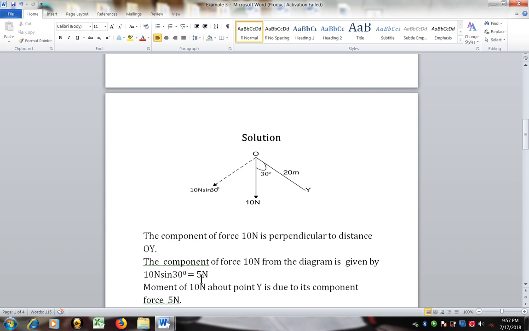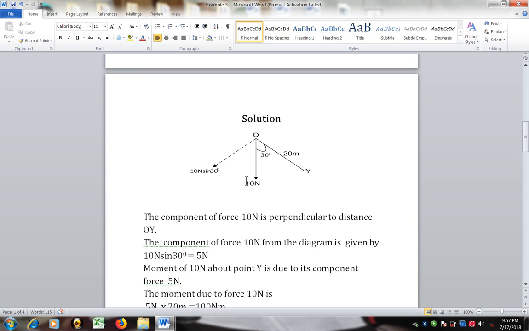So that gives us what? 5 Newton, sorry. So we now know that the component of 10 Newton along this direction, which is perpendicular to OY, is 5 Newton.